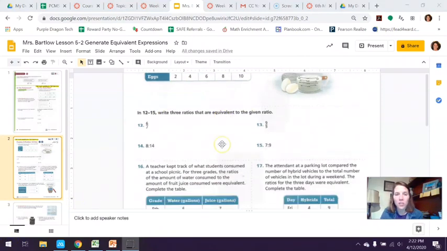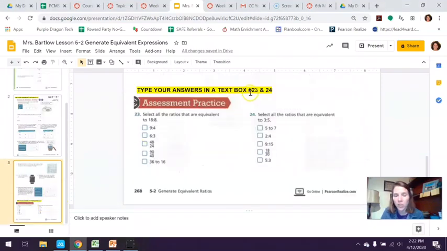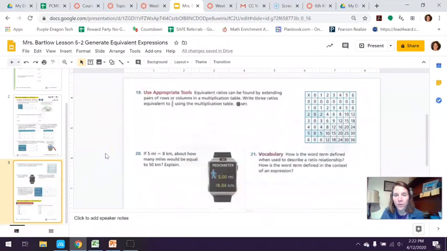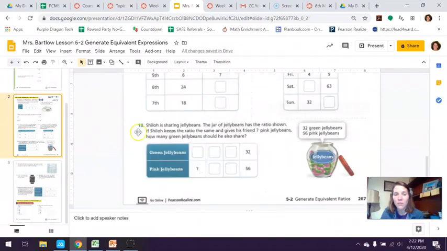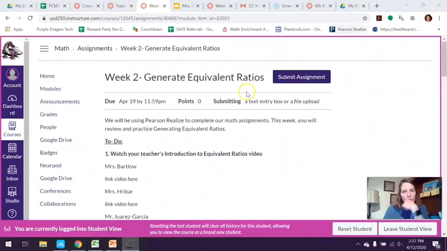That's all of this page. And on the next page, I'm only doing 23 and 24. That's your assignment for week 2, ratios.